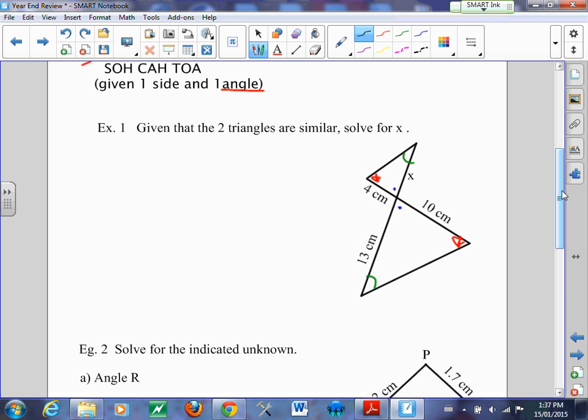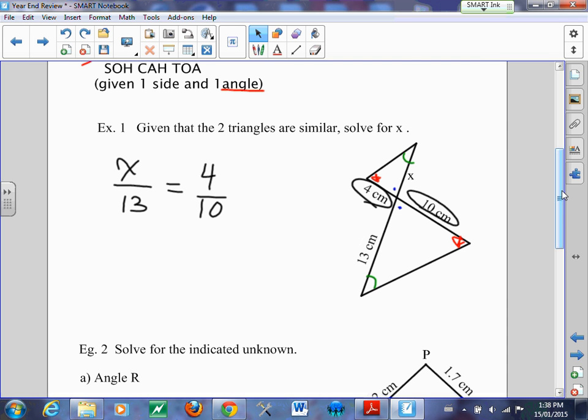So if I'm trying to find x, folks, x is in the smaller triangle over the corresponding side in the bigger triangle, which is going to be 13, equals where we have the match, which is two values given. So it's going to be 4 over 12. Now, I don't want to say match, like it's not like what we used in sine law, but it's the one that has the values in both the numerator and denominator.